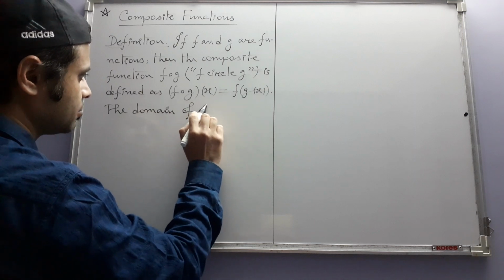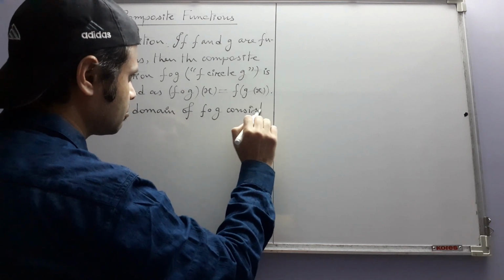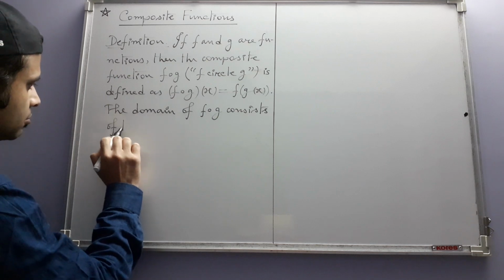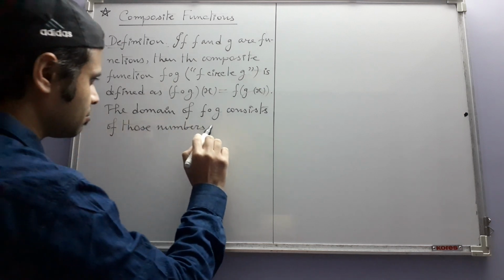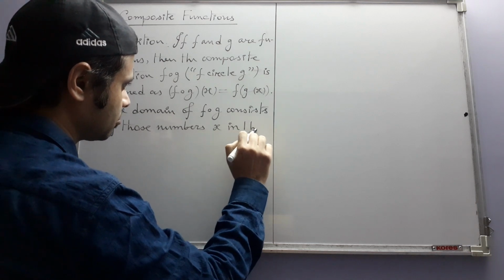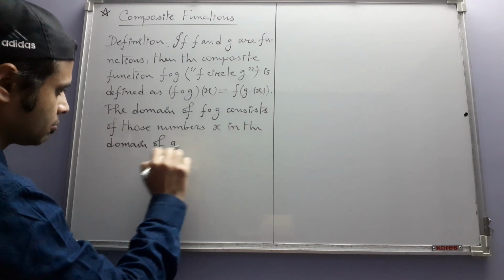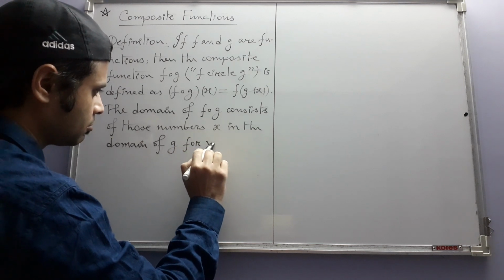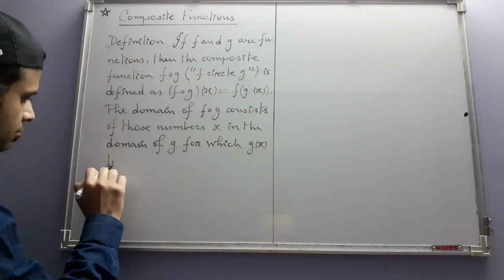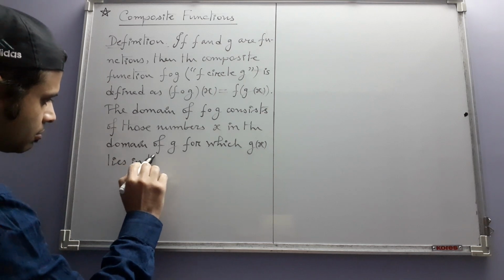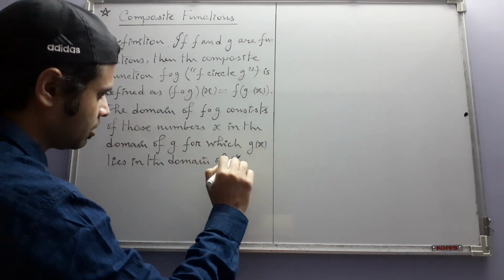The domain of f circle g consists of those numbers x in the domain of g for which the number g of x lies in the domain of f.